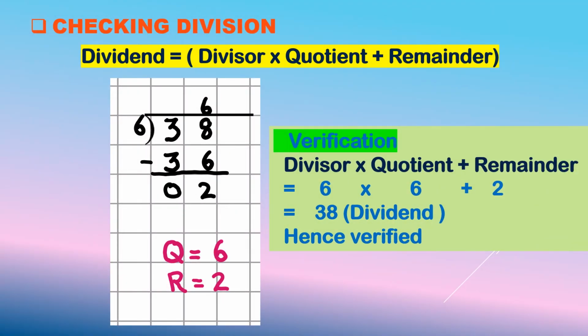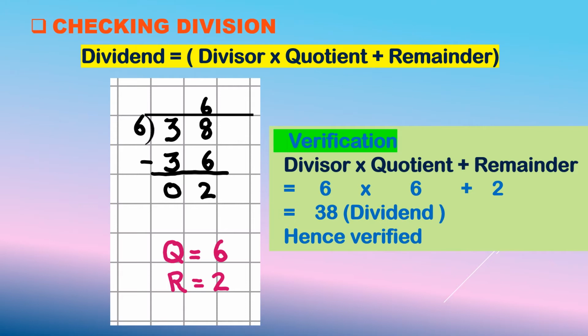Let us learn how to check division. We can check every long division question. If dividend equal to divisor into quotient plus remainder, then the division problem has been correctly solved. Let us understand through an example.